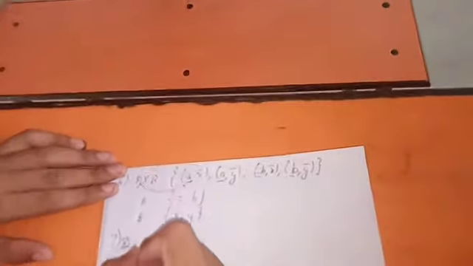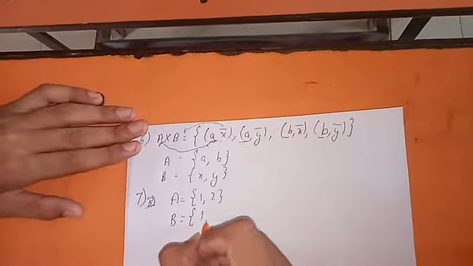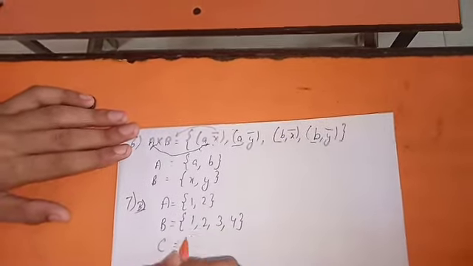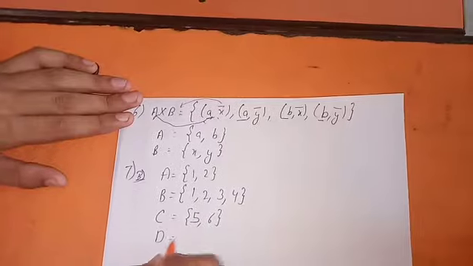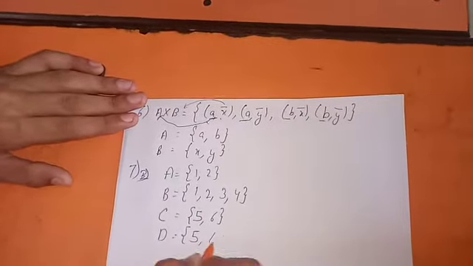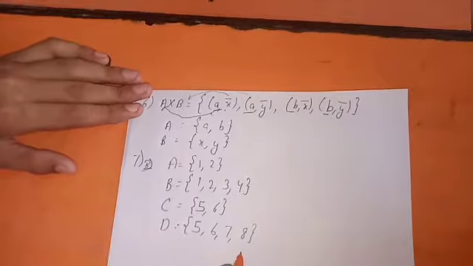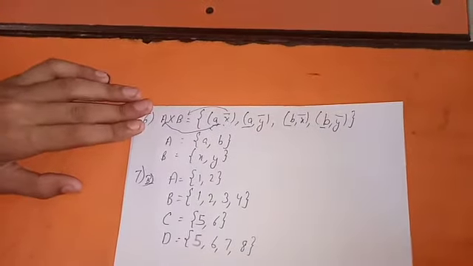They have given us 4 sets: A is 1 2, B is 1 2 3 4, C is 5 6, and D is 5 6 7 8. Verify that. Now the first part is given to us.